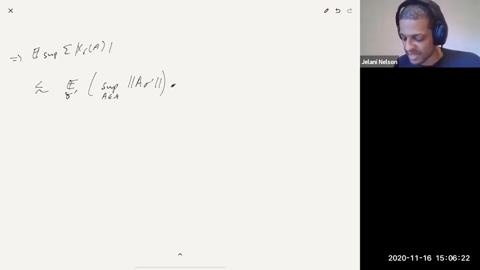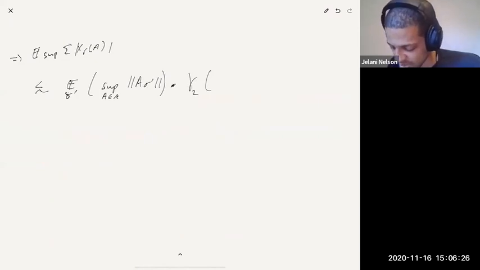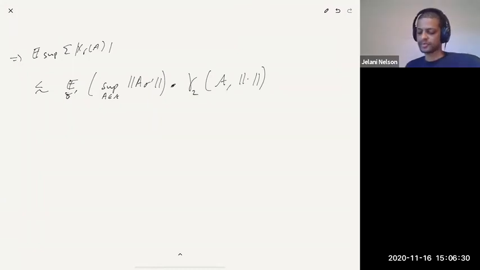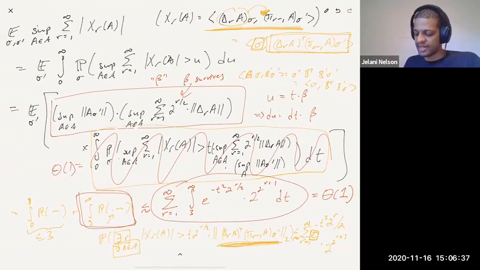The other thing is basically gamma 2. It's bounded by gamma 2 up to a constant. Gamma 2 of script A with respect to the operator norm. Okay. So this magic of doing a change of variables in the integral basically gives you a gamma 2.